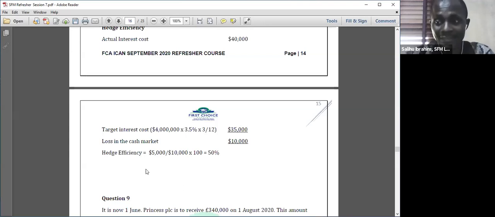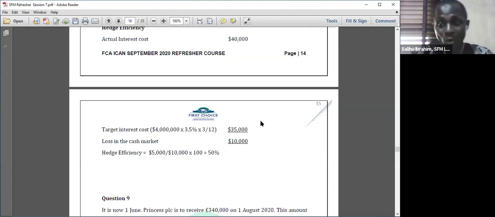The futures market is the market where you can buy or sell futures, while the cash market is the market where you can borrow or lend money. Now you have to look at these two markets. If you want to compute your hedge efficiency, you look at which of them is giving you profit.